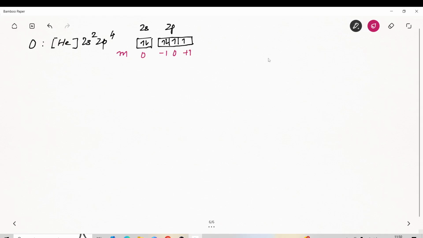So what is capital L? We know that capital L is the summation of m. So 0 plus 0 for the 2 electrons in s orbital, -1 and -1 for these 2 electrons. Clear? Both are -1.